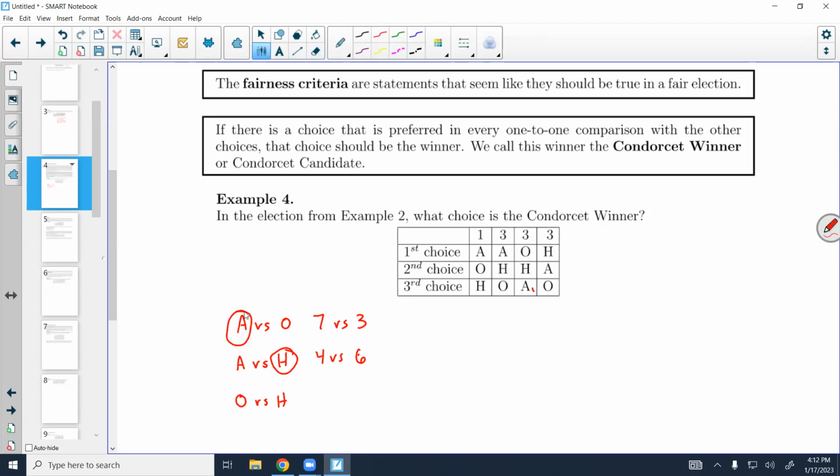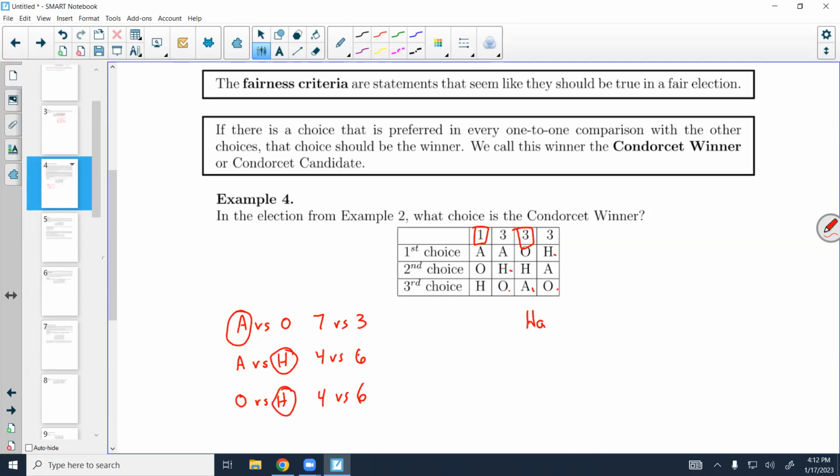So let's look at Orlando versus Hawaii. Well, there's these here, not there, and these here. Hawaii over Orlando, Hawaii over Orlando. So it's 4, 6. So who wins here? Hawaii again.